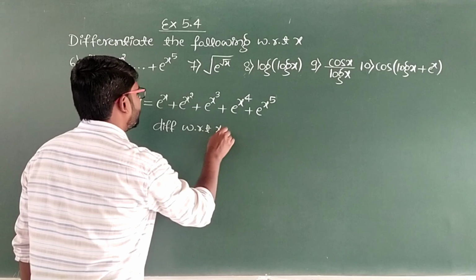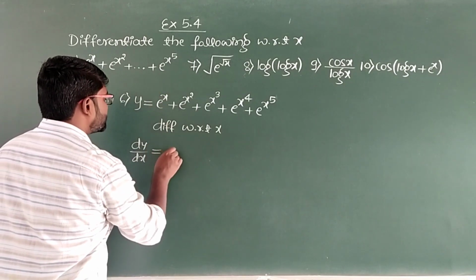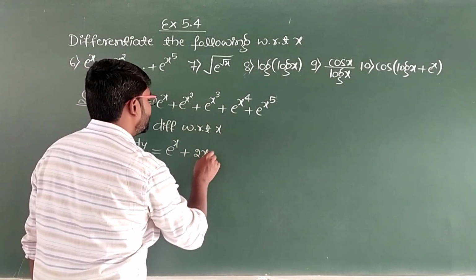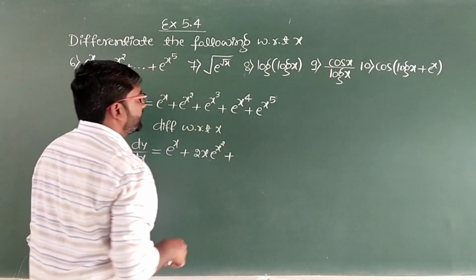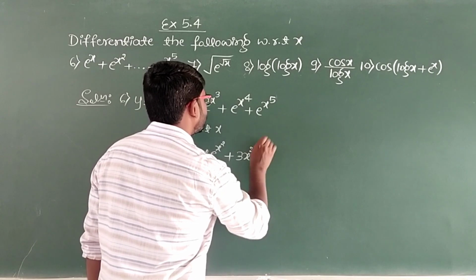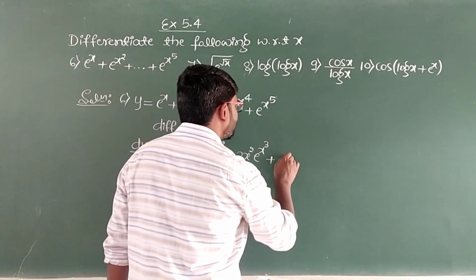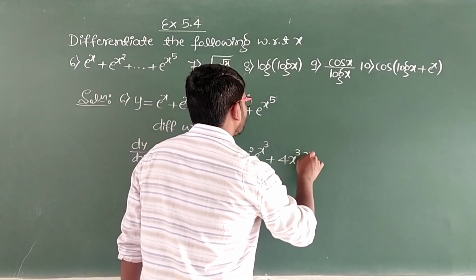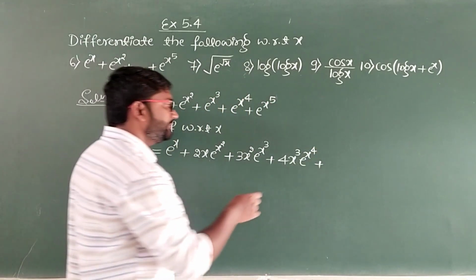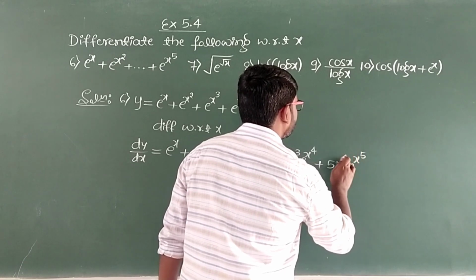So we have dy by dx, then the derivative of e power x will be e power x itself plus the derivative of e power x square will be 2x into e power x square plus the derivative of e power x cube will be 3x square into e power x cube plus the derivative of e power x to the power 4 will be 4x cube into e to the power x to the power 4 plus the derivative of e power x to the power 5 will be 5 times x to the power 4 into e raised to x to the power 5.